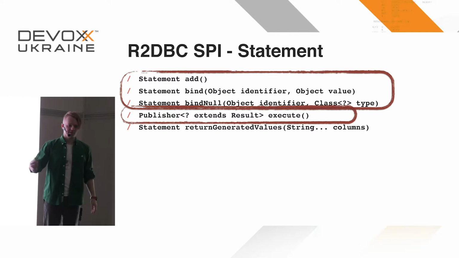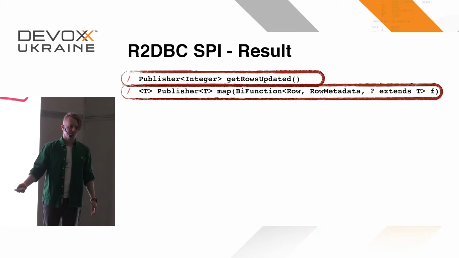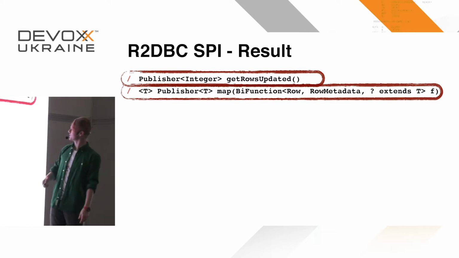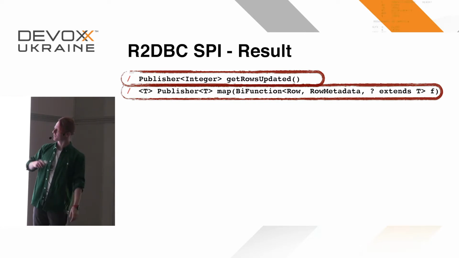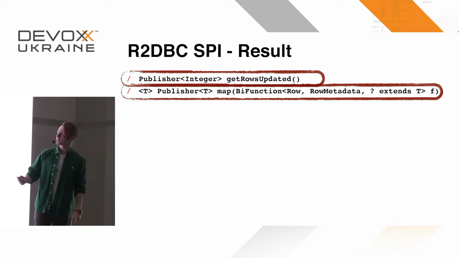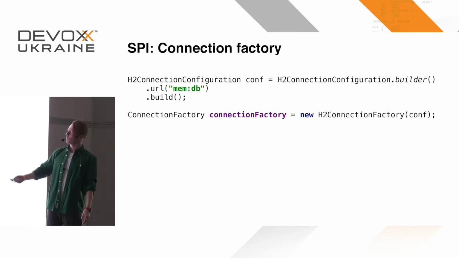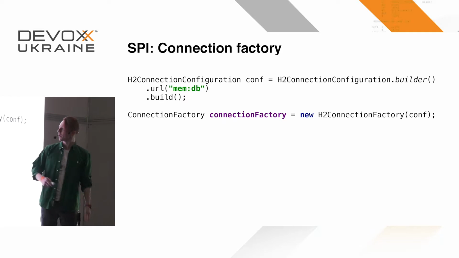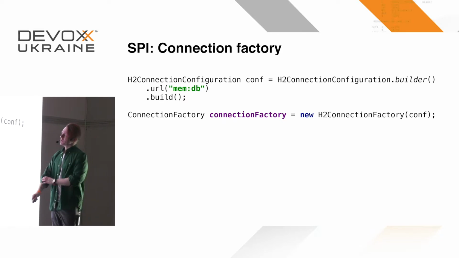Result: either we update something and we get the number of rows that were affected by that update, or we map the stream of results from the database with this cool map function. And row allows you to get the column by the identifier or by name. Pretty simple, yep?